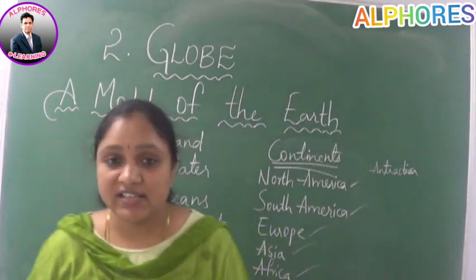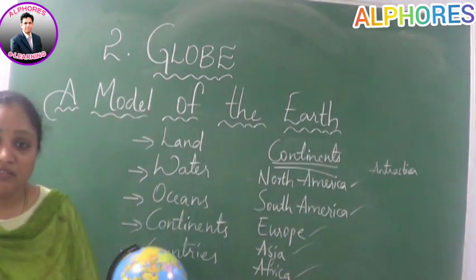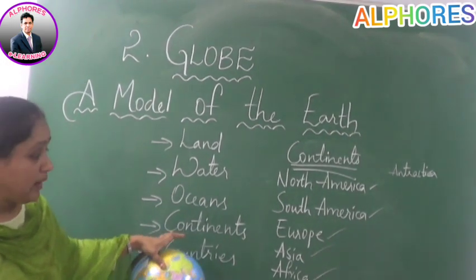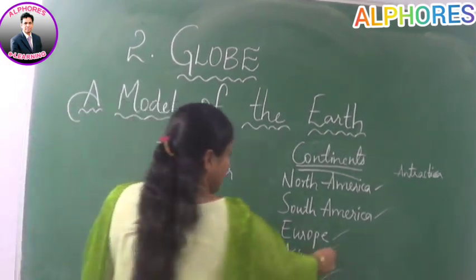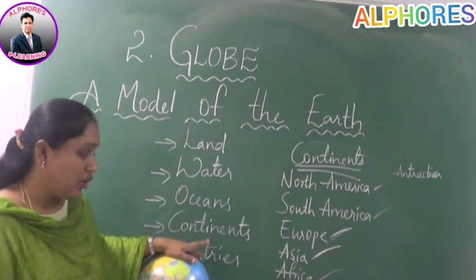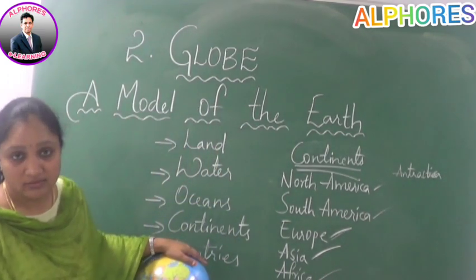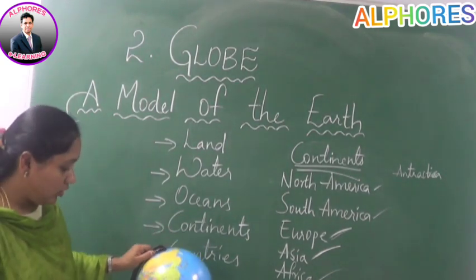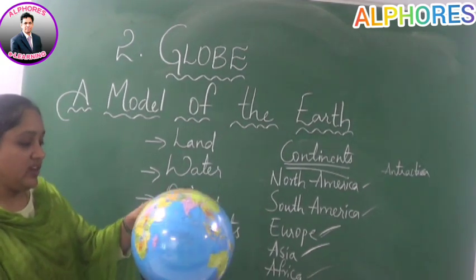So these are the 7 continents that we have and we usually live in this area. As you all know, the area of Europe and Asia combined, we call it Eurasia.